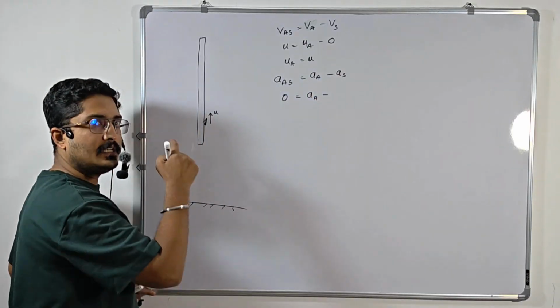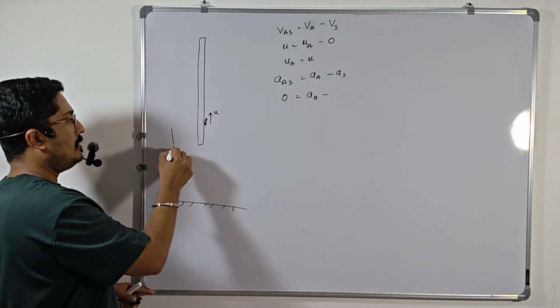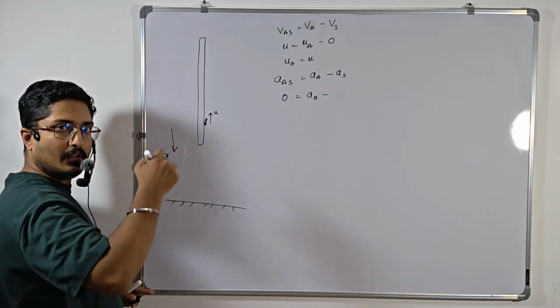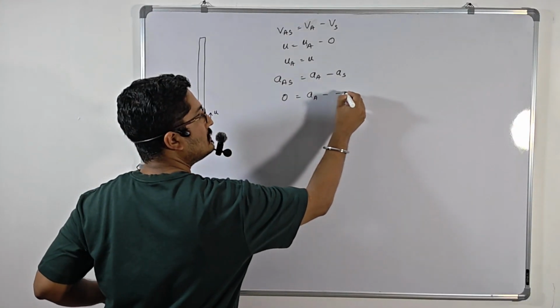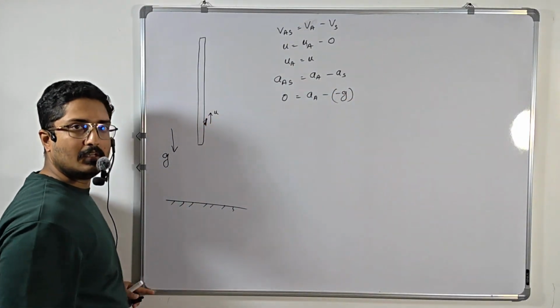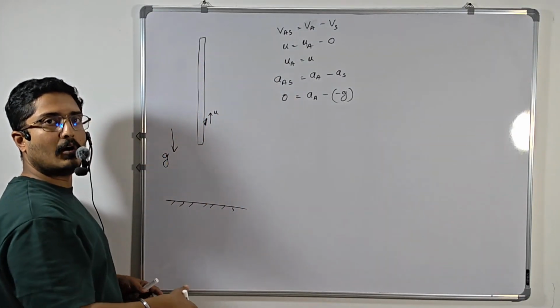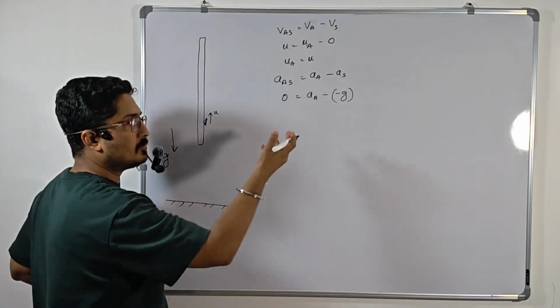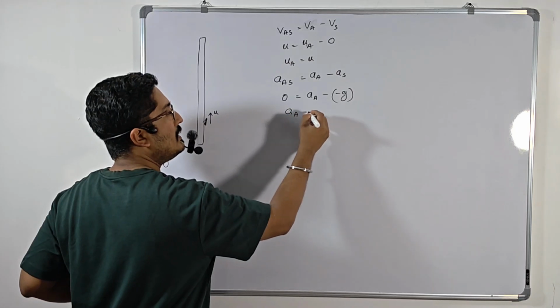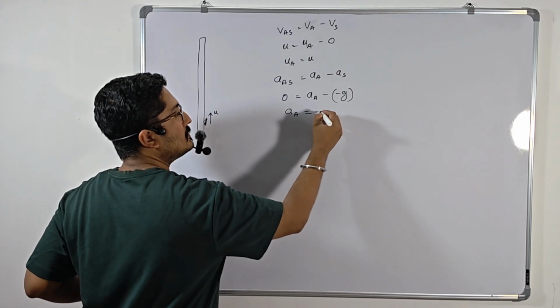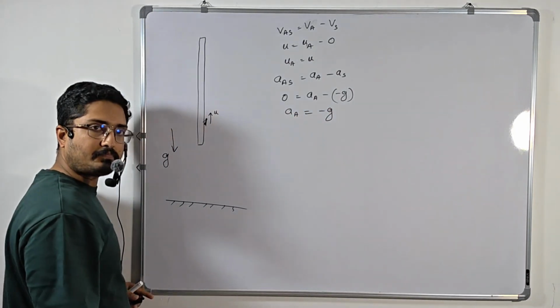But the acceleration of the stick with respect to the ground, I know it is going down with an acceleration of g. The downward direction I should consider negative. My sign convention is that everything upward is positive and anything downward is negative. So the acceleration of the ant with respect to the ground comes out to be minus g.